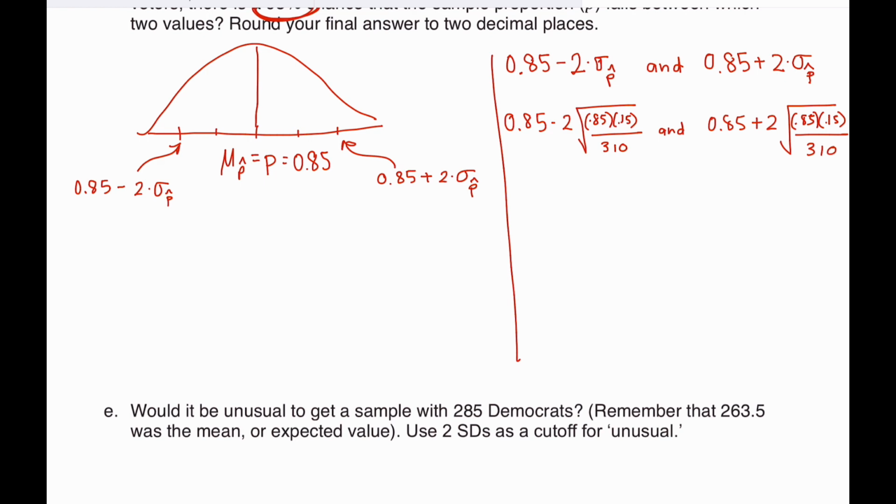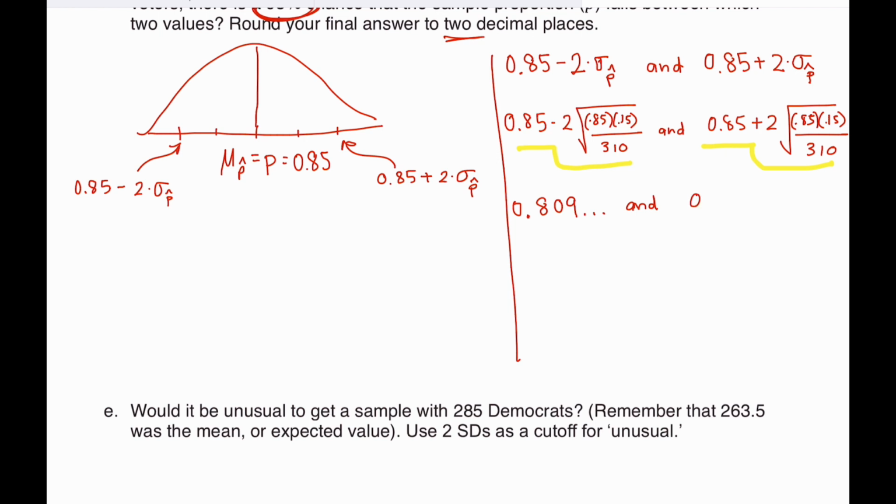Okay, and normally I would just put these in my calculator just like this to avoid rounding. If you need to round, as I said, just make sure to go out 6 decimal places to be careful. So in this case, if I just put this in my calculator, I end up with 0.809, and I can stop there because I know that I'm going to be rounding to 2 decimal places.